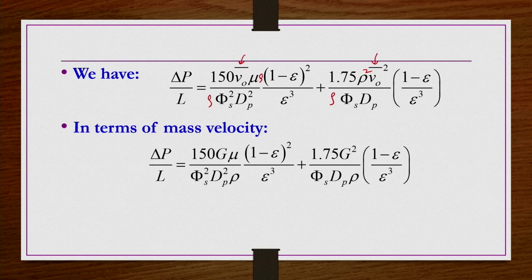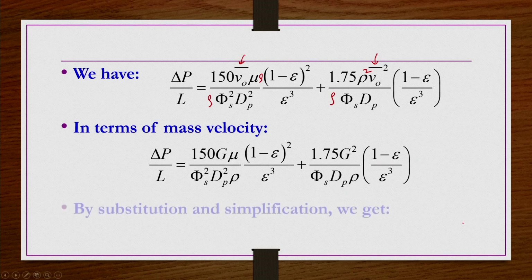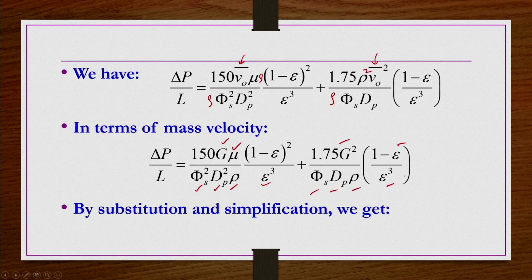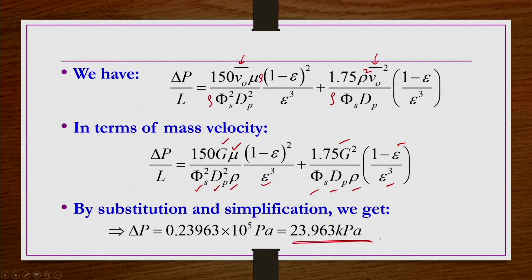Then delta P by L is equal to 150 G mu by phi s square dp square rho multiplied by (1 minus epsilon) whole square by epsilon cube, plus 1.75 G square by phi s dp rho multiplied by (1 minus epsilon) by epsilon cube. Now, if you substitute all these values, G is known, mu is known, phi s is known, dp you calculated, rho is known, epsilon is known. So, everything is known in this right hand side. If you substitute all the values and simplify, you will get delta P as 23.963 kilopascals.